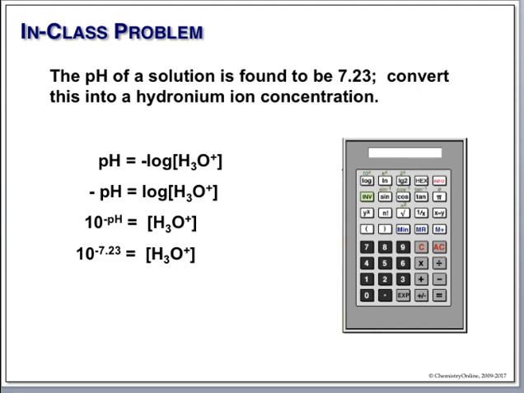All right, what I want to do is 10 to the minus 7.23. So I type in minus 7.23. Now, I hit my little green button, and then I hit this guy, and I get 5.888, whatever, times 10 to the minus 8. That is the hydronium ion concentration.